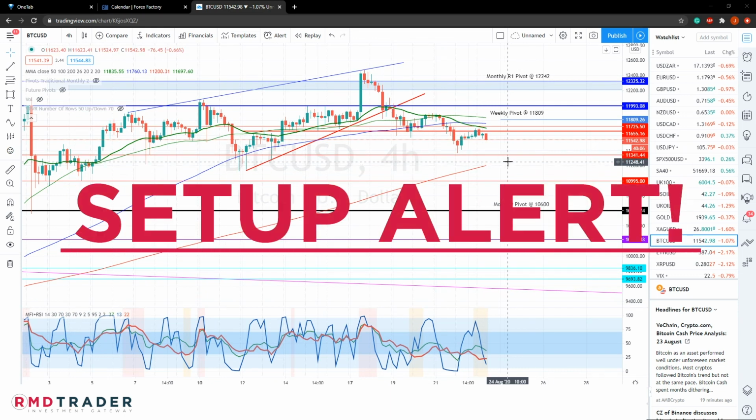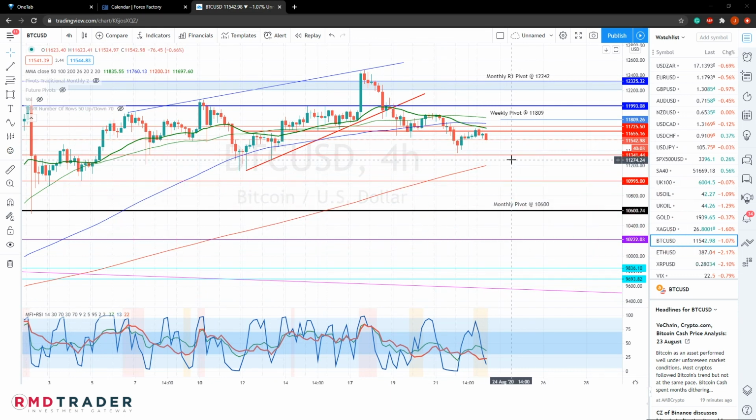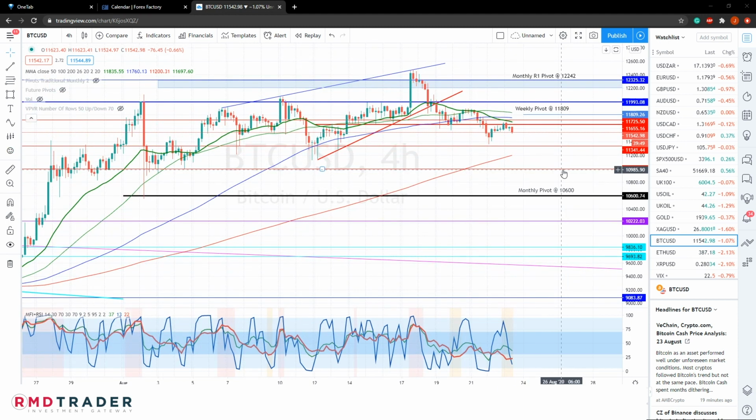This could mean that it will take us lower towards this 200 SMA on the 4-hour. It's likely that we will meet up with that around anything between 11,270 to 11,350. If we do manage to lose our 4-hour 200 SMA, the next levels of support would be at 10,990, or let's just say our 11,000 level, followed by our monthly pivot at 10,600.